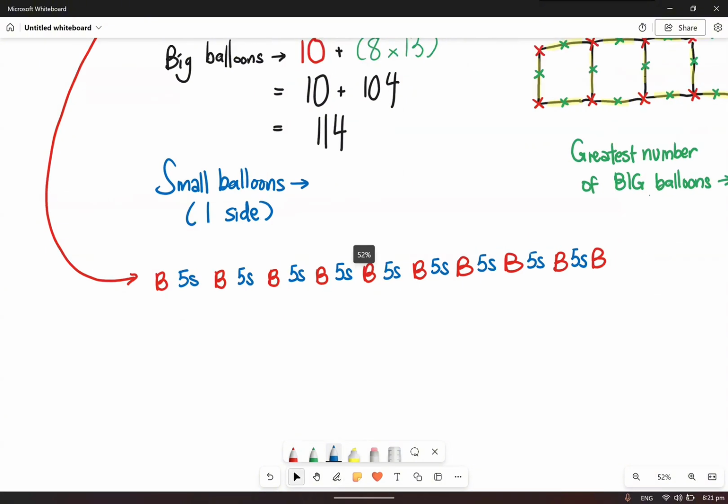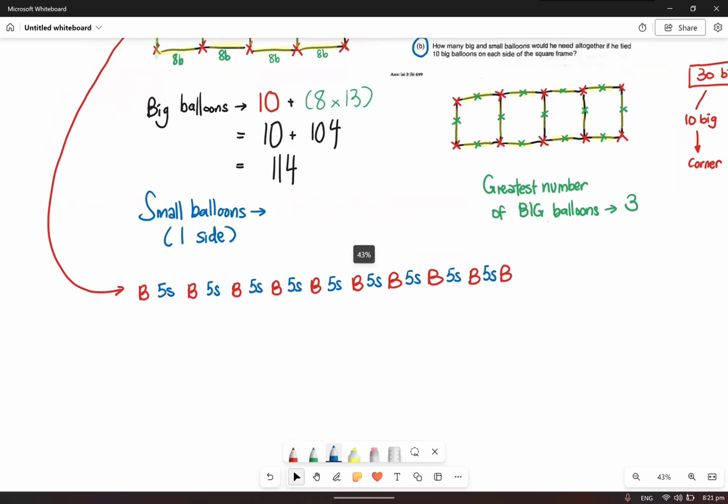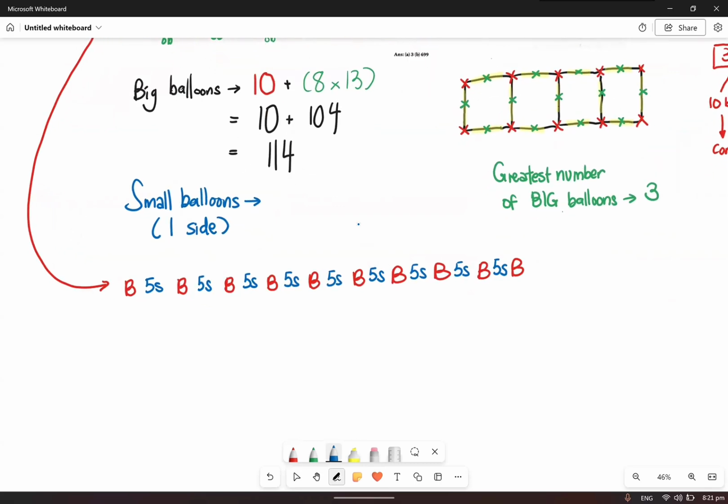Make sense? So on one side itself, how many small will I have? I will basically do 5 times 9, not 10, because this is also like gaps and intervals, right? You open up your fingers, you see that you have 5 fingers, but how many gaps do you have? 4 gaps. True?